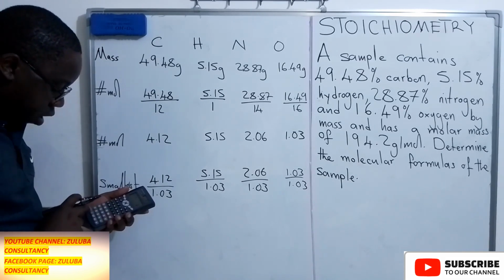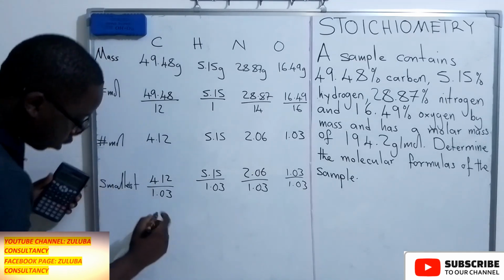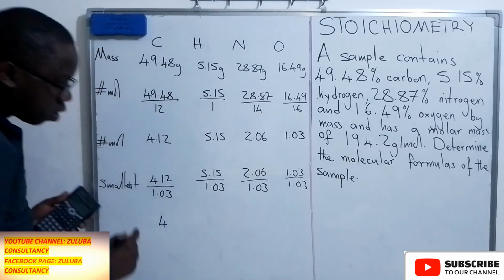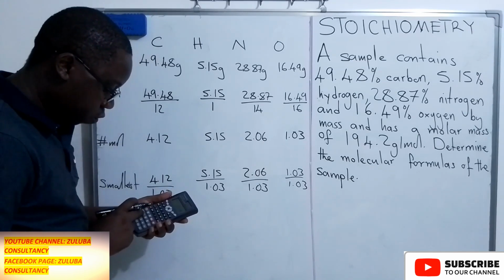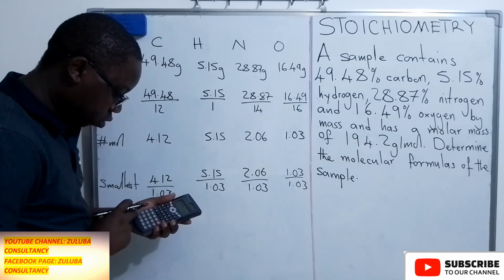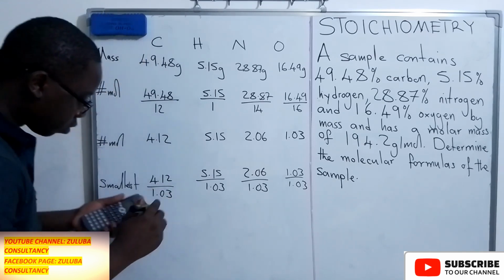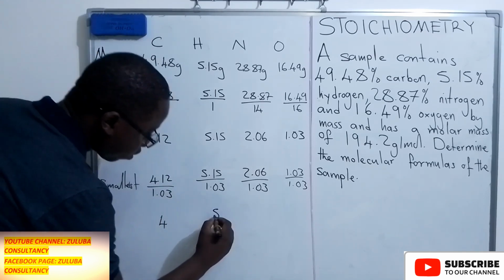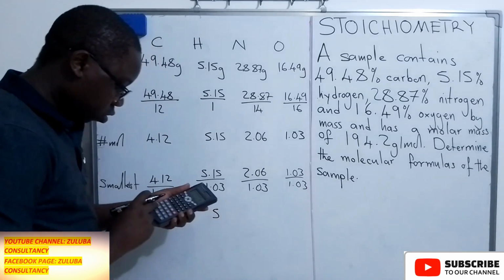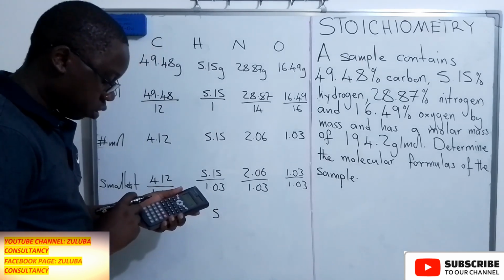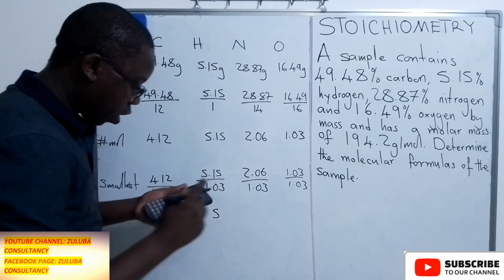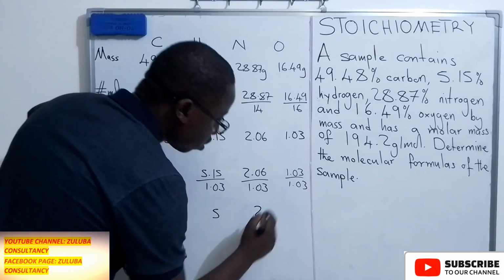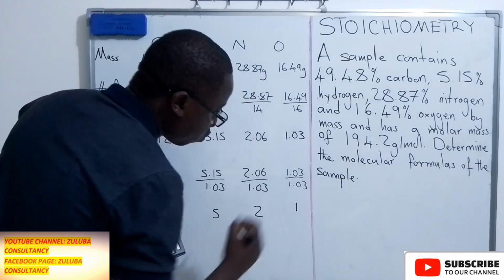So 4.12 divided by 1.03, we are getting 4, and then 5.15 divided by 1.03, we are getting 5, and then 2.06 divided by 1.03, we are getting 2, and the other one we are getting 1.